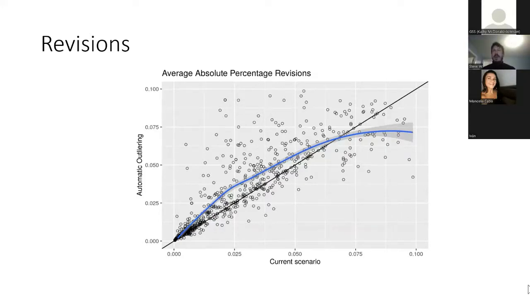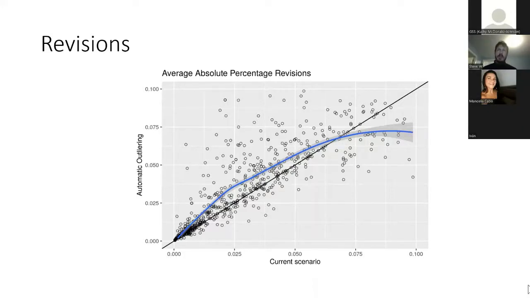And unsurprisingly, there's a tendency to revise more when you turn on the automatic outliering. That's probably due, to some extent, to the boundary conditions, where in some periods the outlier might be flagged and in some it may not, or it's basically doing miniature modeling reviews.